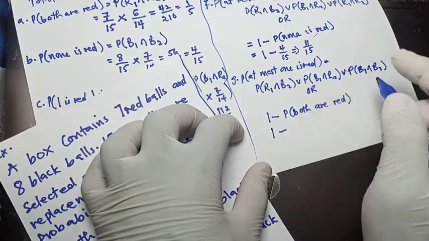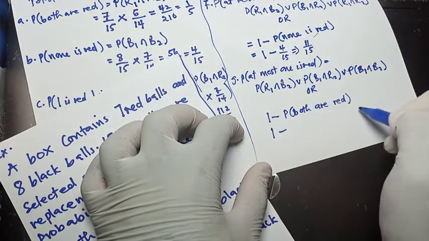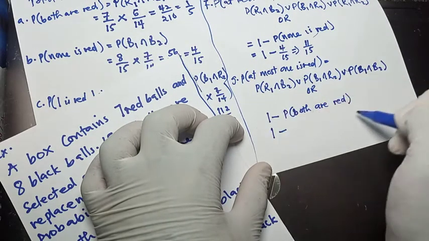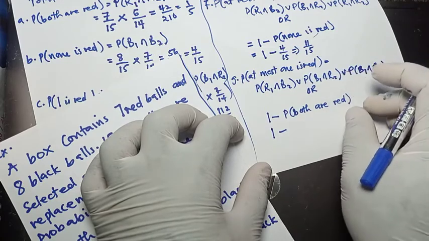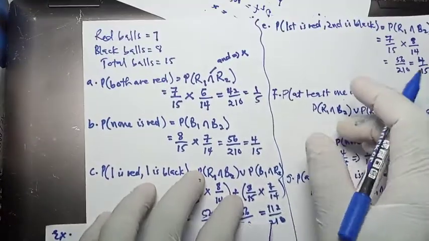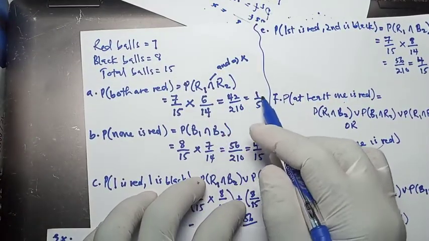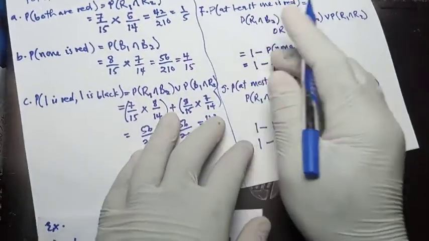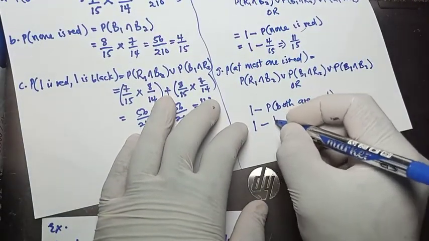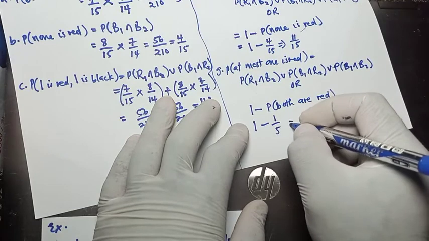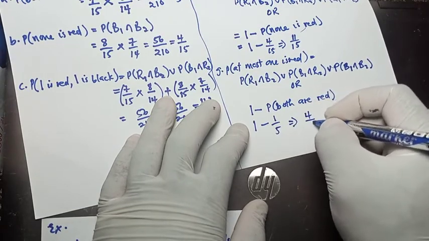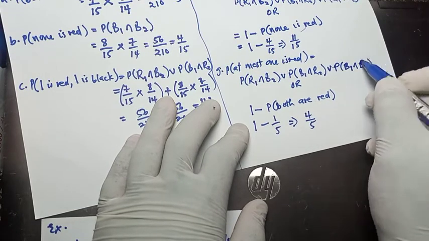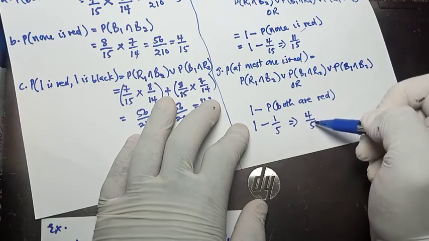So prefer this one because this one will waste your time. So I'll advise you use the shortcuts here. So 1 minus both, and here too we have the both answer. We had the answer to 1 over 5. So just subtract 1 on 5 from this, and that will give us what? 4 on 5. And I'm sure if you use this method, you come to this 4 on 5.